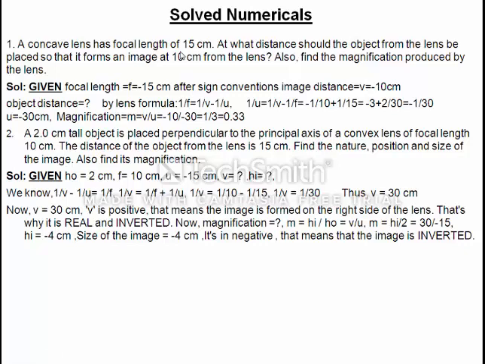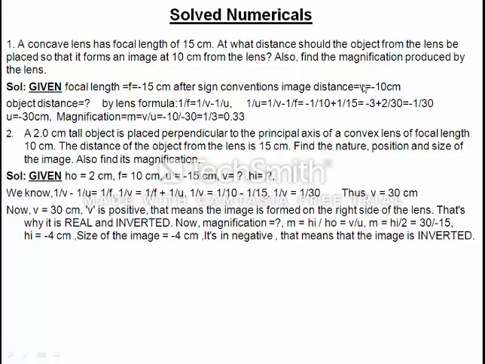At what distance should the object be placed so that it forms an image at 10 centimeter from the lens? Find the magnification produced by the lens. So we get the image distance v equal to minus 10.